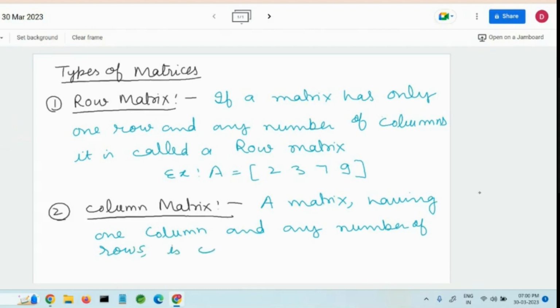It is called a column matrix. For example, A is 1, 2, 3. Column matrix.